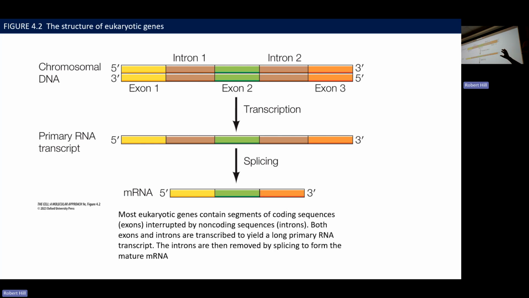And then through this modification, which we call splicing, we get the removal of the introns and the coming back together of the exons. And this can be taken a further step. We're going to talk about it in this section, which is called alternative splicing. What can happen is sometimes some exons can be omitted, and you actually get a whole bunch of what are called splice variants for every mRNA.